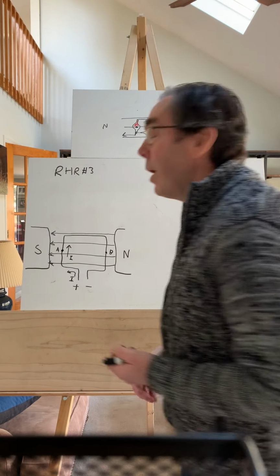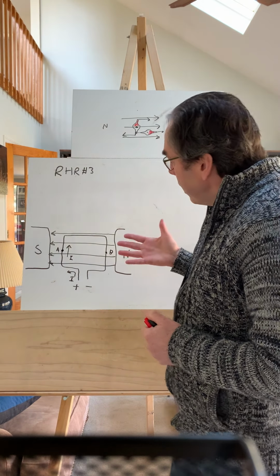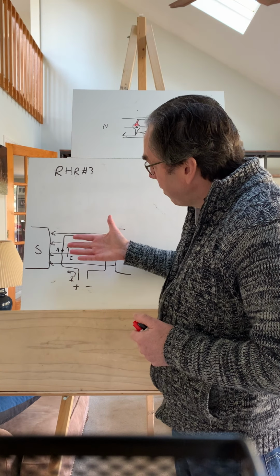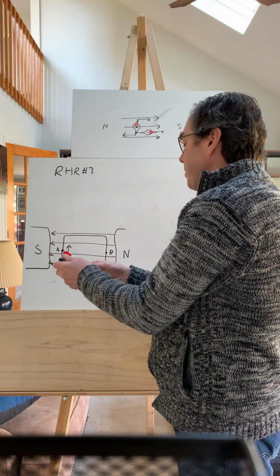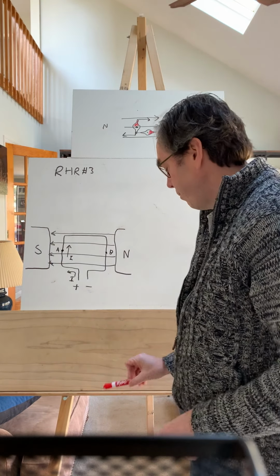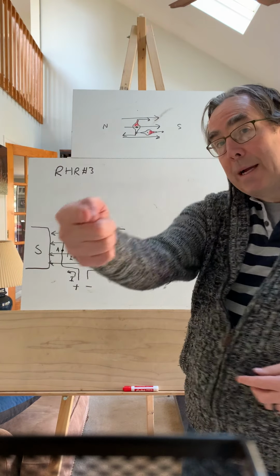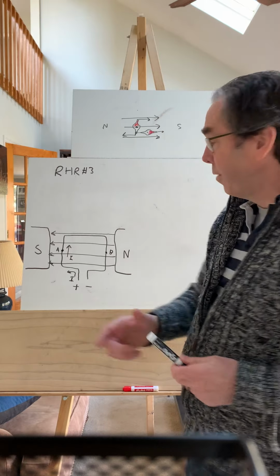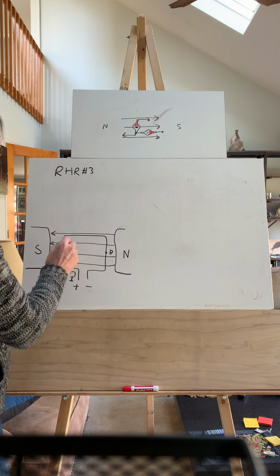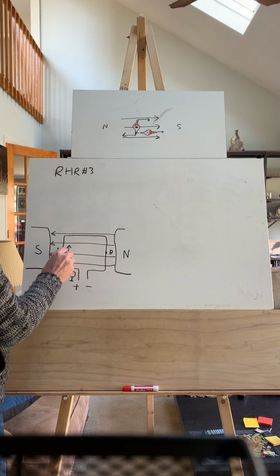And so if we apply our third right-hand rule to find the force acting on it, fingers in the direction of the field, thumb in the direction of the current, we'll find that this is experiencing a force that comes out of the palm. In other words, out of the page towards you. In other words, this side of this is being pulled toward you. So this is imperfect, we'll indicate that force like this.